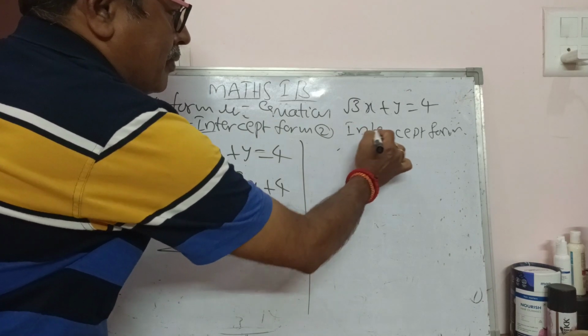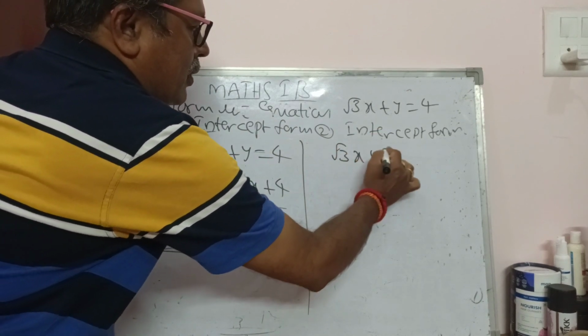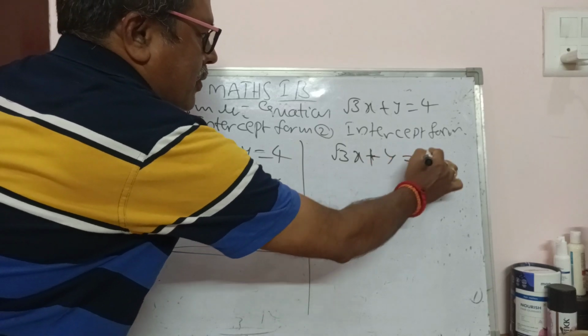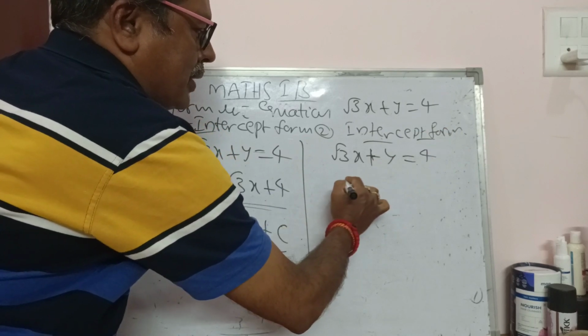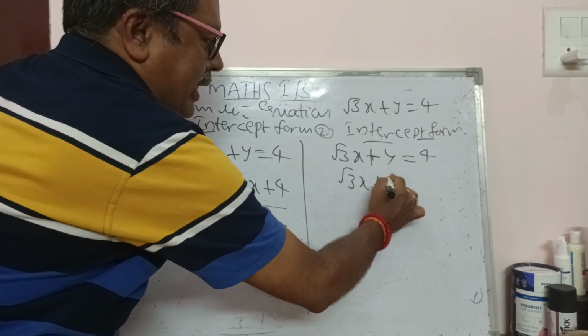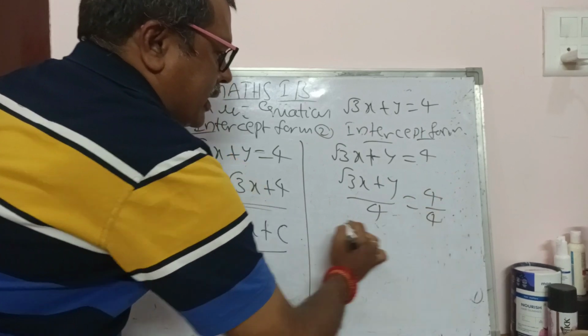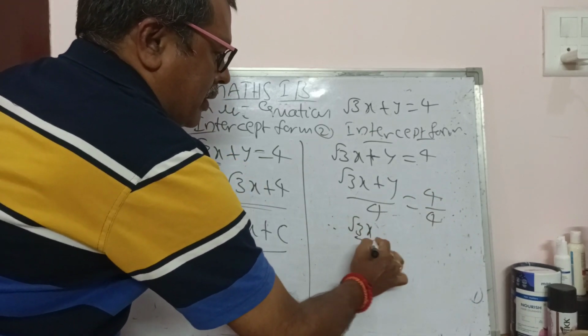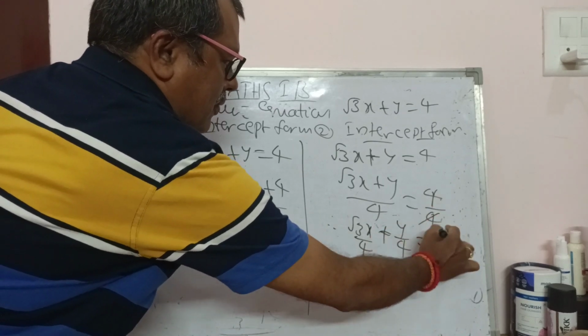Next, for the intercept form of the line equation, we start with root 3x plus y is equal to 4. In order to bring this equation into intercept form, let us divide the entire equation by 4 on both sides. Therefore, root 3x by 4 plus y by 4 is equal to 1.